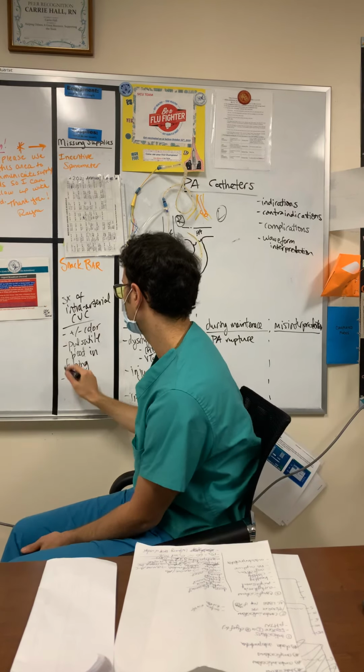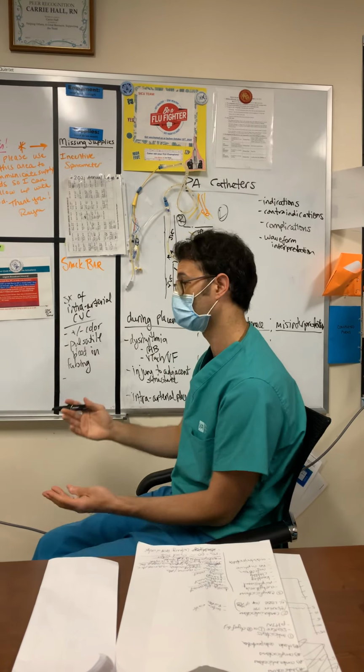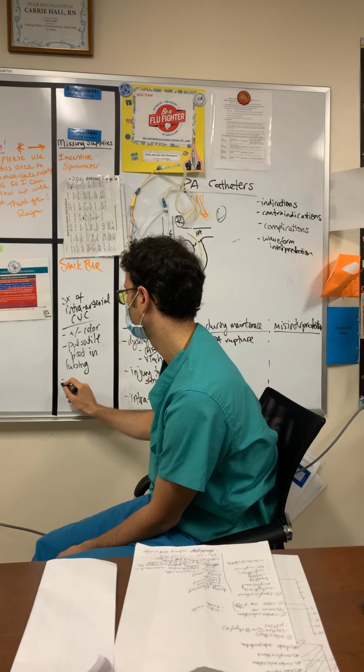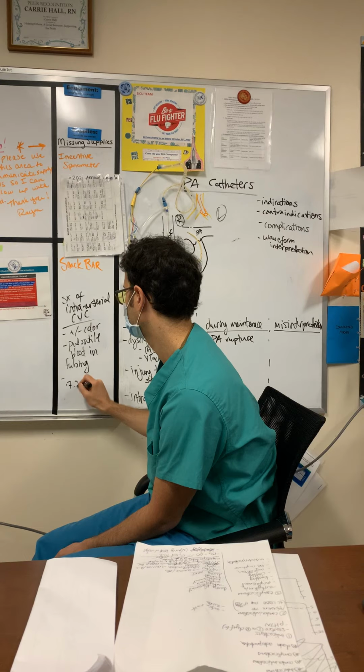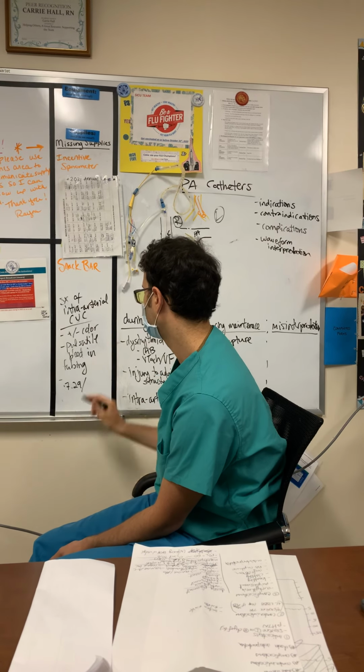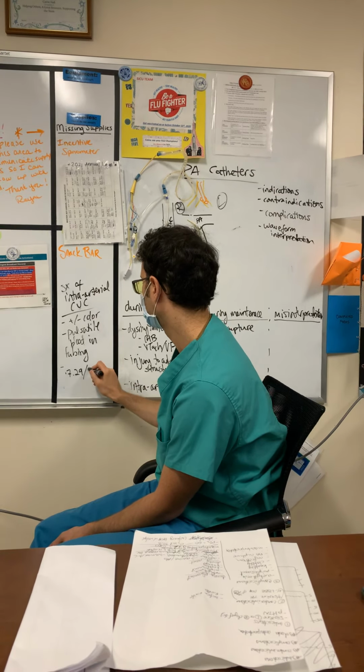But let's say your blood gas, we don't know if it's arterial or venous, comes back with the following. pH of 7.3, let's say 7.29, PCO2 is 45, and PO2 is 60.